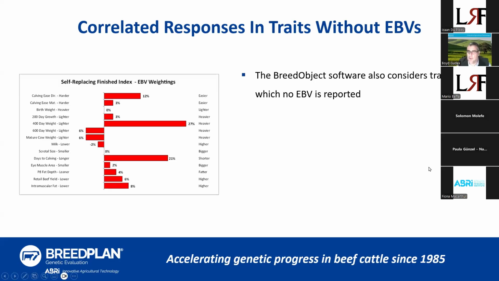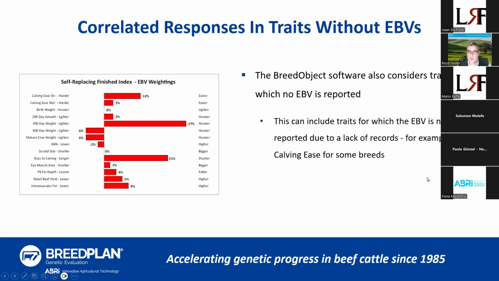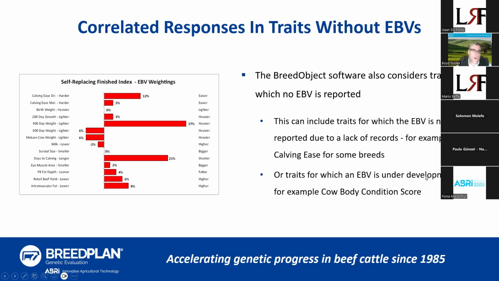These correlated responses occur, and this also occurs for traits where no EBV is reported. So this may be an EBV that's not reported due to a lack of records. So a number of breeds don't have the calving ease EBV, even though it's important. They just don't have enough information for BreedPlan to analyse. Or it might be an EBV that is under development.